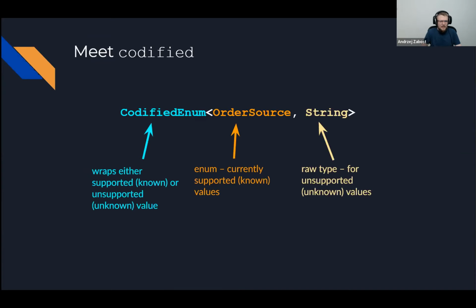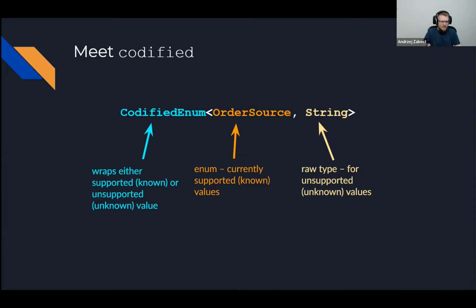Okay. In Codified, you can find a sealed class called CodifiedEnum. And this class wraps either a supported or a known enum value or this unknown value by using a raw type such as string in this place.